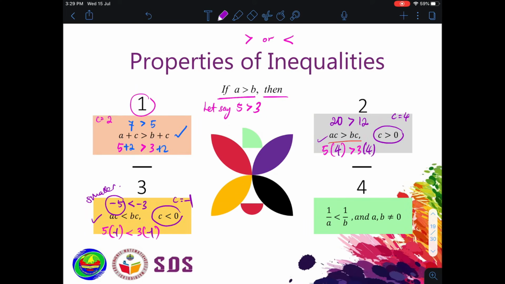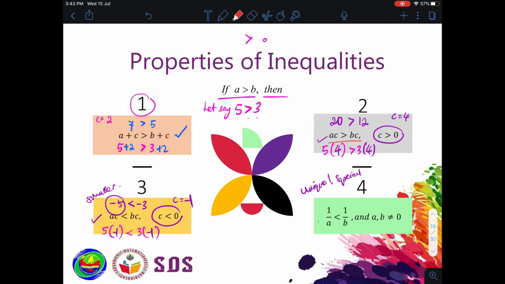And the last property, you will see that this is quite unique and special to me. I do not know, but I think it's quite magic. I say this is magic because we have the same numbers, a equals 5, where 5 is greater than 3, isn't it?